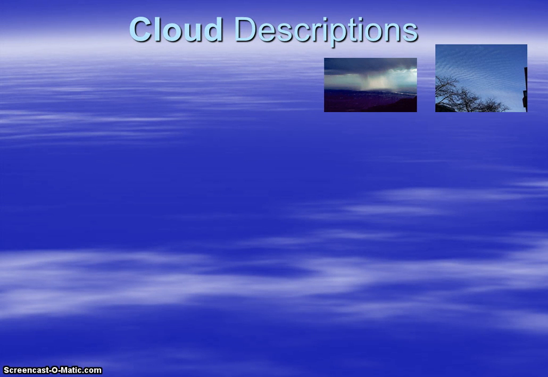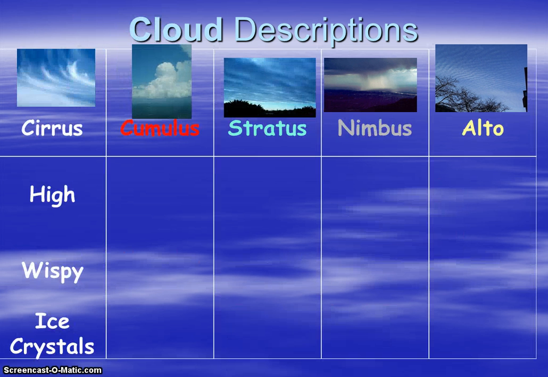Now we're going to be looking at cloud descriptions. So on your note sheet you have a chart, and across the top of the chart we have the different names of the clouds. Some of these are basic names, and some of them have the prefixes in them, as we were just talking about. And so what we're going to do is to go through and complete each column.